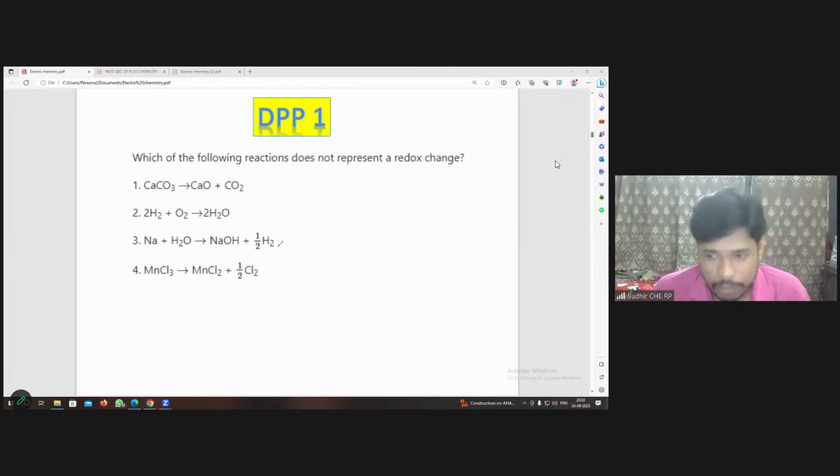Equation 1, 2, 3, 4. Which one is not representing a redox process? Have a look and tell me, please. Anyone, please? Tejasri from Guntakal branch. Bharat Kumar.